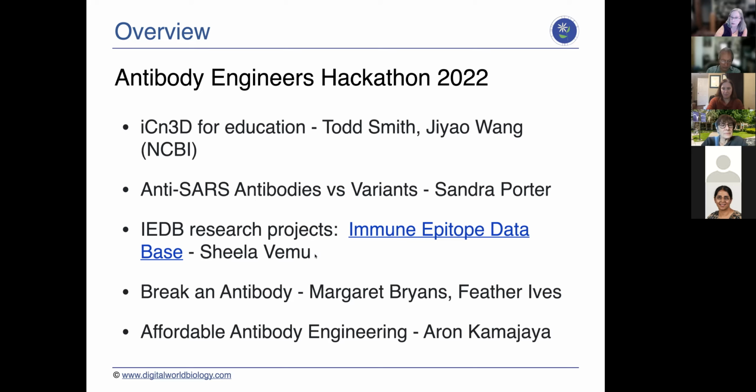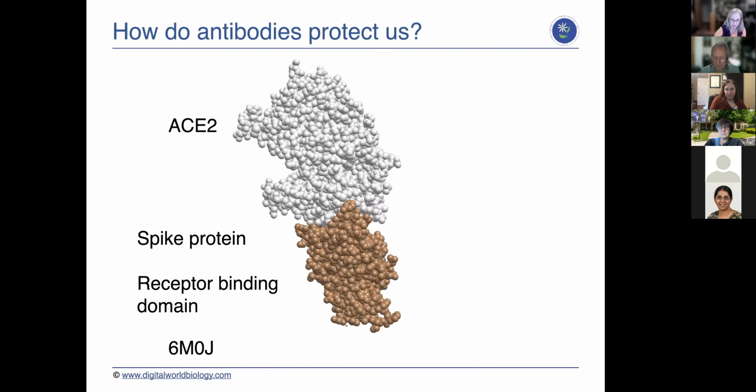Sheila Vemu led a project working with the Immune Epitope Database, and we had people from the Immune Epitope Database also helping out and participating. Maggie Bryans and Feather Ives led a team to break antibodies, which is really neat. And Aaron Kamajaya is working on developing techniques for doing affordable antibody engineering, which was also pretty fun.